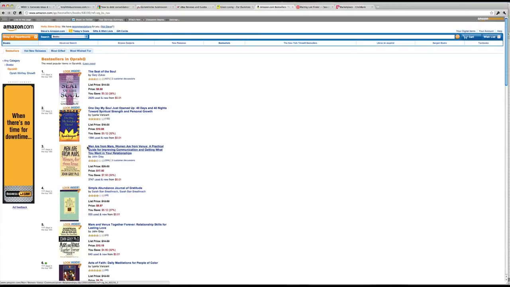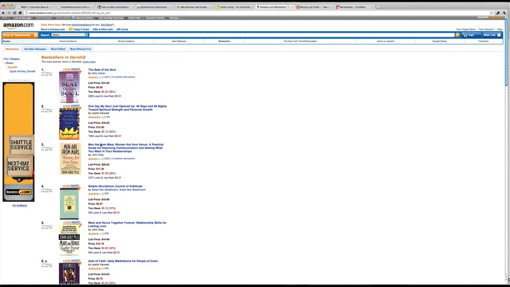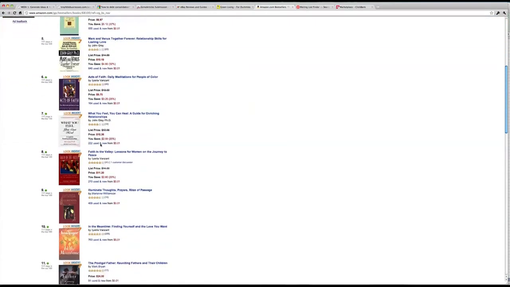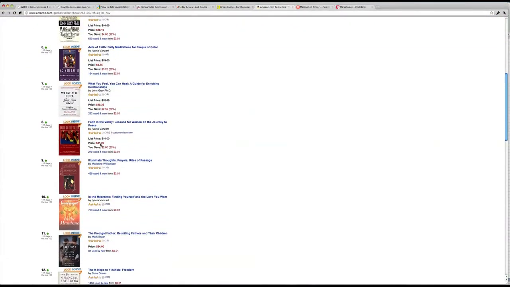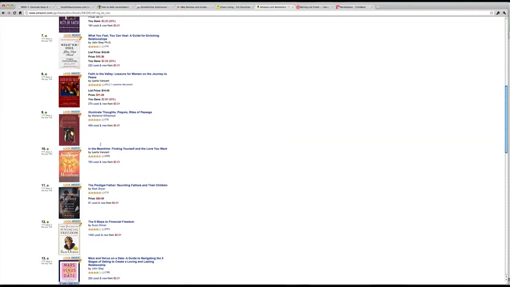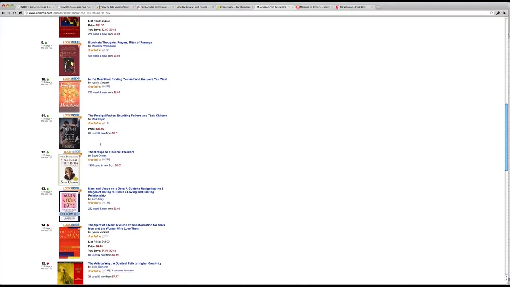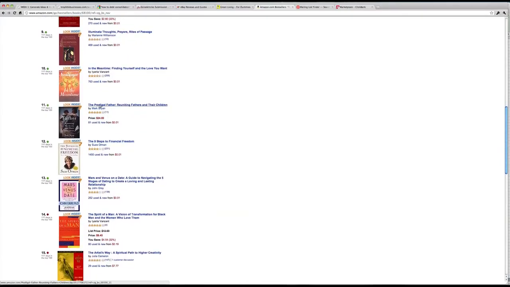See if anything comes up. Well, here's a relationship book: Men Are from Mars, Women Are from Venus. Let's see if there's anything in here that sticks out. All right, well, this is interesting: The Prodigal Father, reuniting fathers and their children.